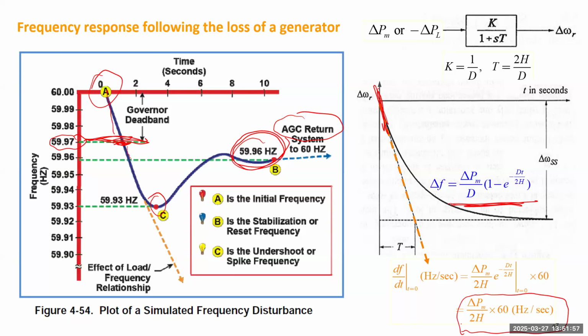It can have a much deeper frequency dip, so that can cause some protection of the frequency. Which means only relying on the governor is not enough. It's not safe to protect frequency.